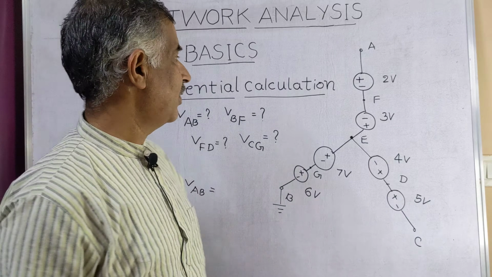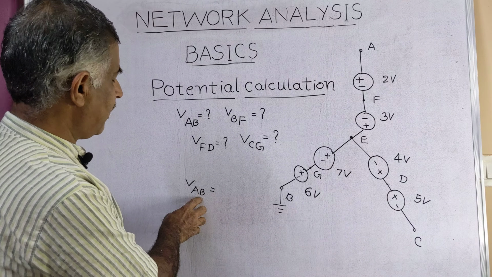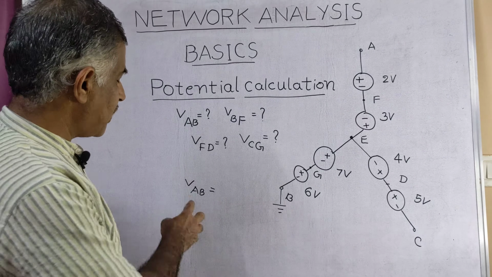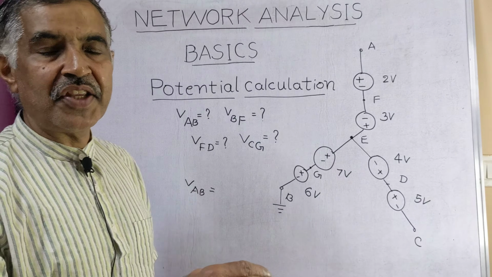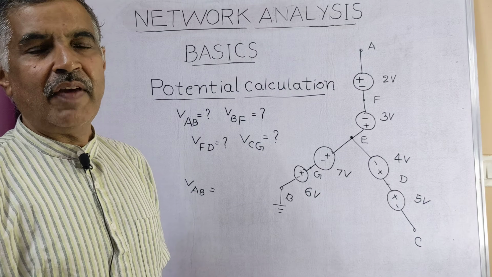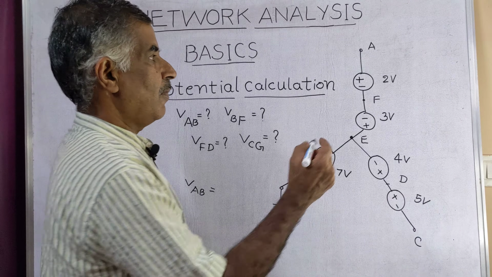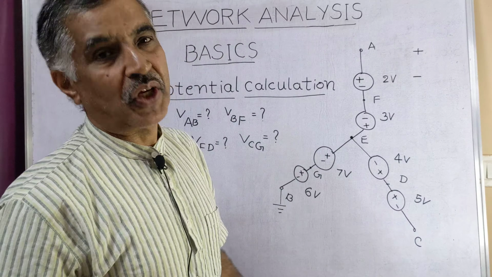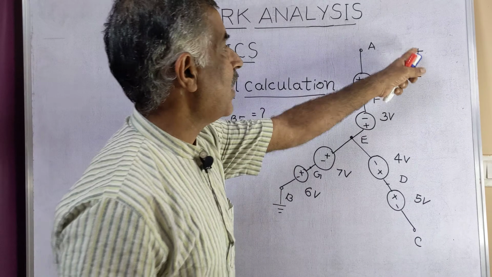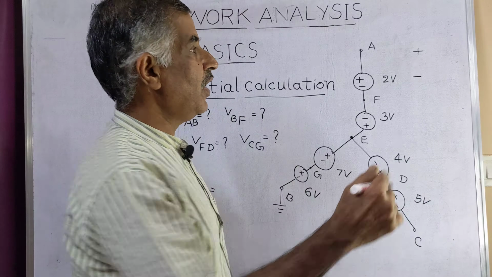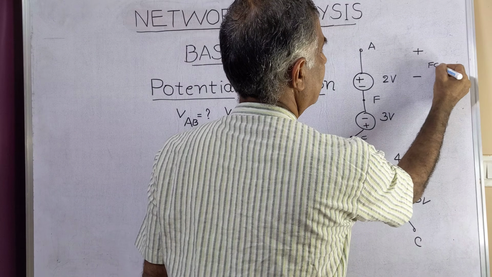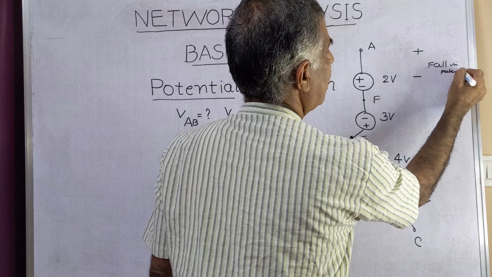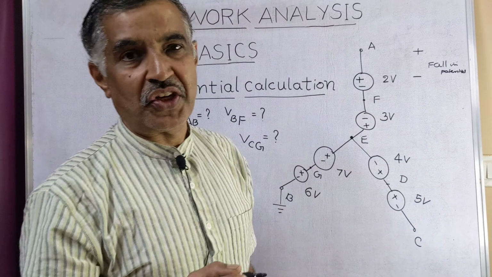In the same sense, in order to find VAB, make a journey from A to B. In making a journey from A to B, whenever you come across plus to minus, you call it a fall in potential.